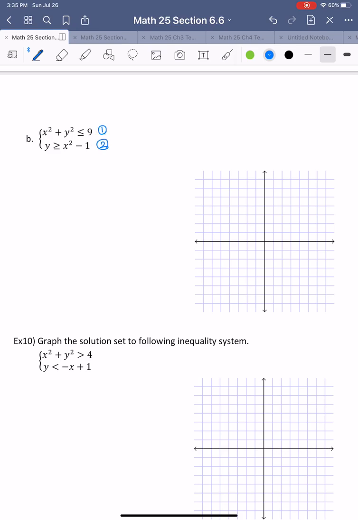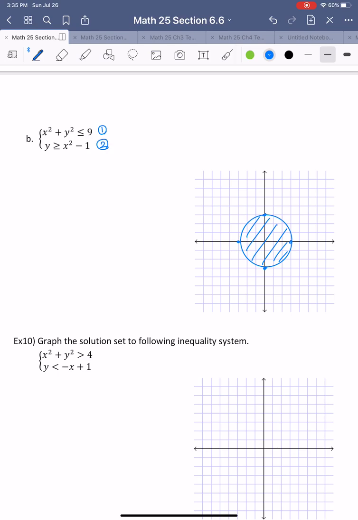For the second one, inequality 1 and inequality 2. Inequality 1 is the circle with radius 3 from the center, and it's a solid circle, shaded inside.